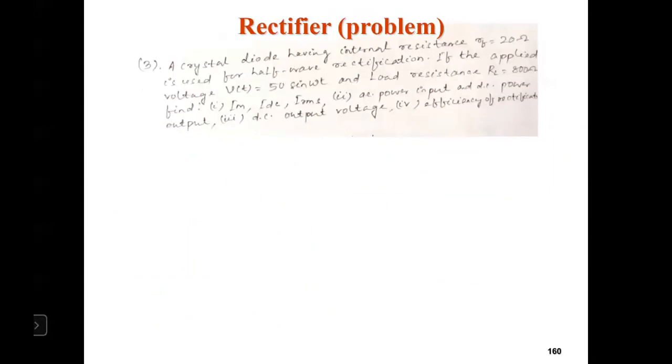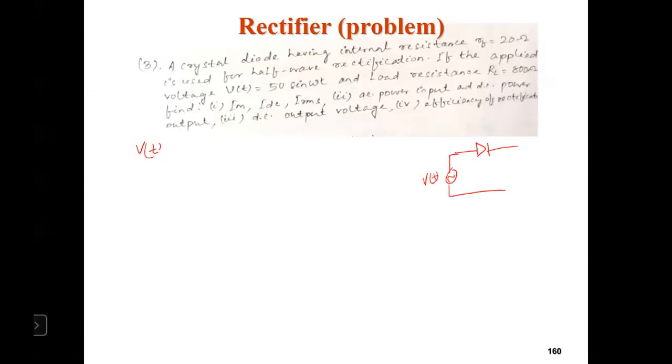So it is given that your VT applied voltage. So it's a crystal diode having internal resistance of RF. Definition is simple, half wave rectifier. If the applied voltage is 50, so this voltage, this is VT, which is applied, which is equal to this 50 sine omega t, and it is connected to a load.